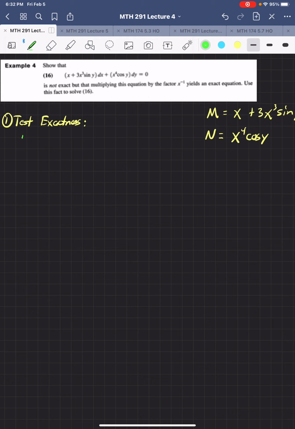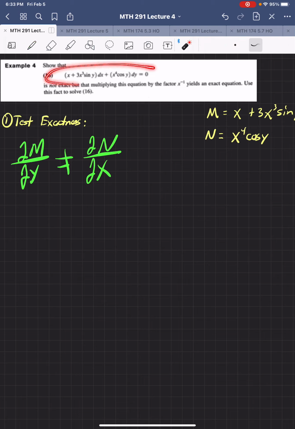If you were to take the partial of M with respect to y, you would find that as of right now, it does not equal the partial of N with respect to x.